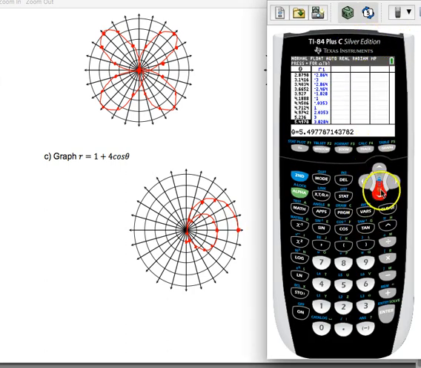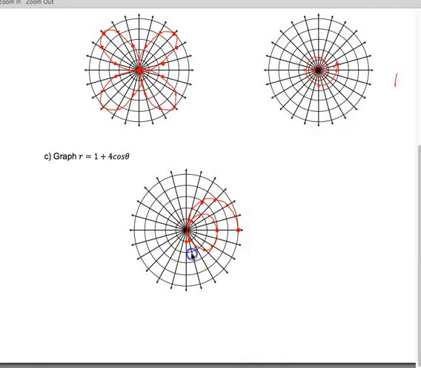And then we continue in that direction. So 2.03, 3, going all the way out. I can't get it to plot. There's 2.03. There's 3.